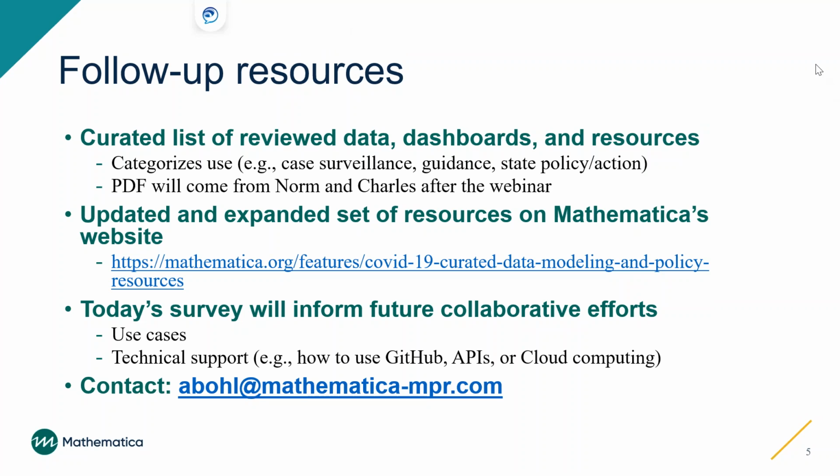Oh, yes. I just wanted to mention, I think it's really great that Alex put forward those resources on AWS and the cloud. One of the things that we've found supporting some clients is that the unit of measurement that the data is coming in on, particularly on cases and deaths, is at the county level, and it's often being rolled up to the state level, which makes a lot of sense in most cases.